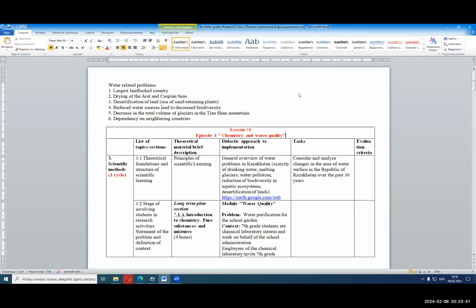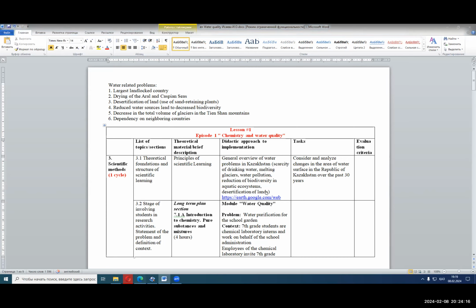So we think this unit is more important actually than interaction and health in our hands, because the water problems are very important for our country. So this is just some reasons why, for example, we are the largest landlocked country, so we want to start our unit with our learners with this discussion about our problems.